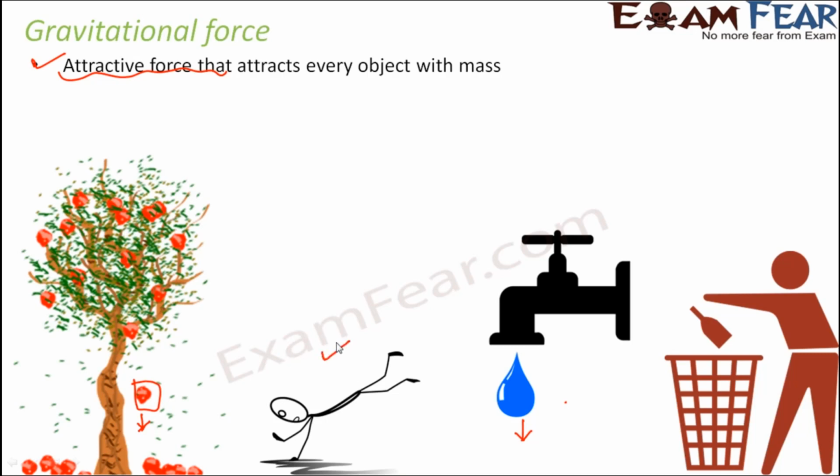Again, whenever you fall down, you fall towards the ground. That is also because you are continuously being attracted by the earth. So these are some of the examples which tell us that earth exerts an attractive force on all objects, and this force is known as the force of gravity.